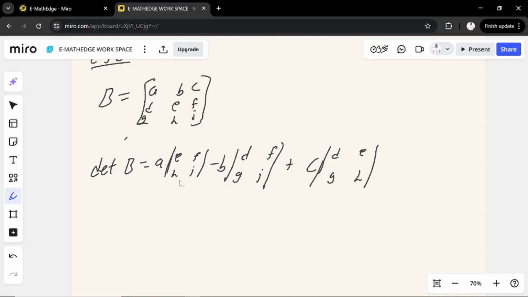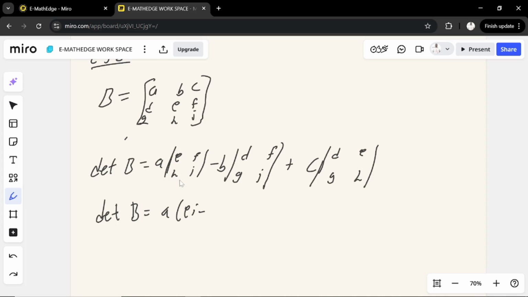With this, we can say that the determinant of B is equal to a into the bracket of e multiplied by i, so we have ei minus f multiplied by h, which is multiplying this and this.